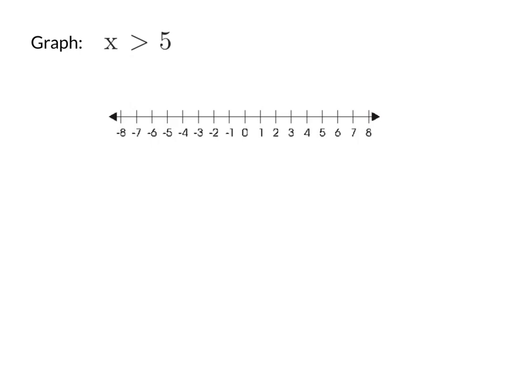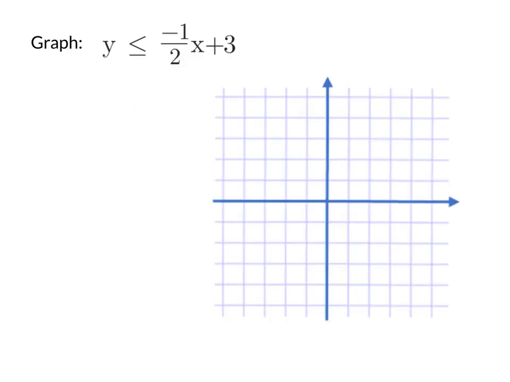It can't equal 5, so we would use a circle. Then we would decide which way our arrows got to point, because our arrow is going to cover all of our solutions. Right? And we want all of our solutions, all those x's, to be greater than 5. So they have to be larger than 5, and so we let our arrow cover everything that's larger than 5.